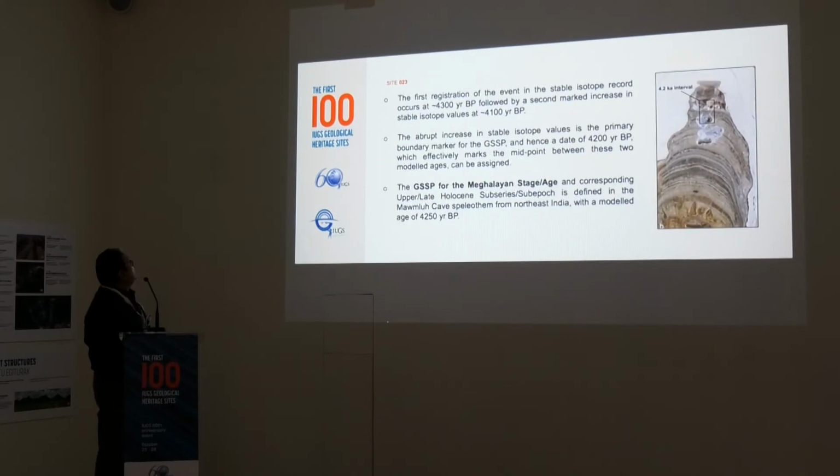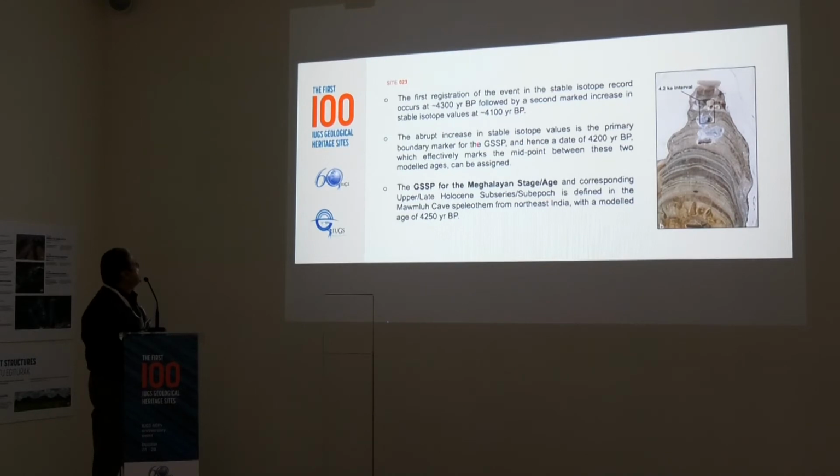Now, the first registration of the event in the stable isotope record occurred at 4,300 years before present, followed by a second marked increase in stable isotope value at 4,100 years before present.